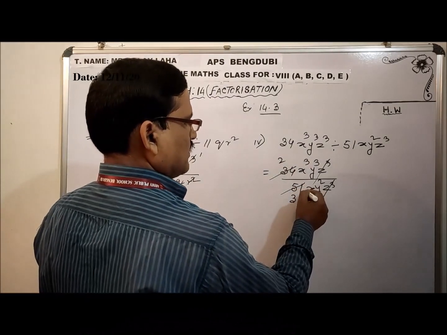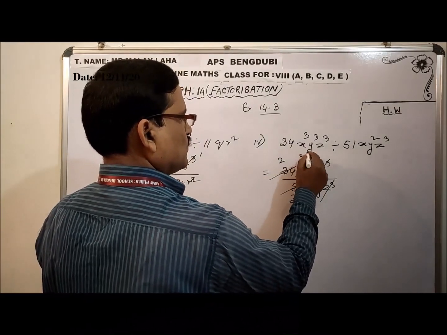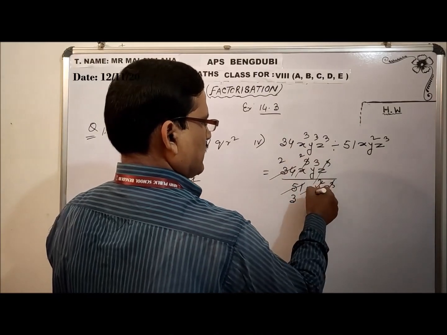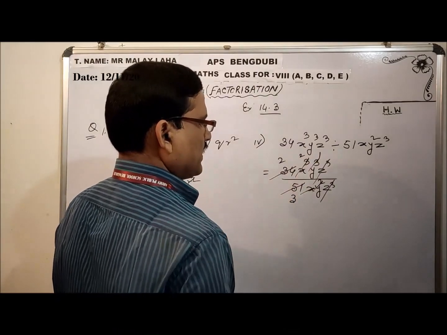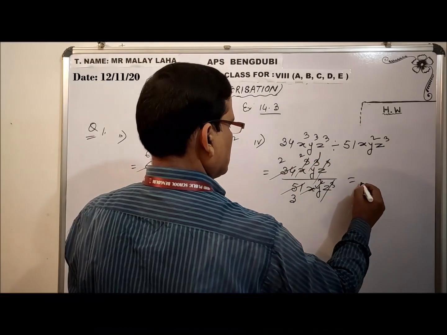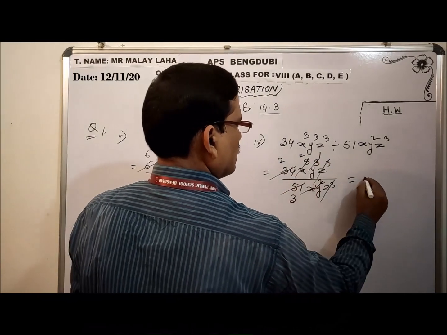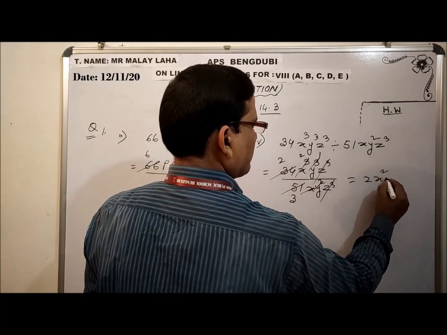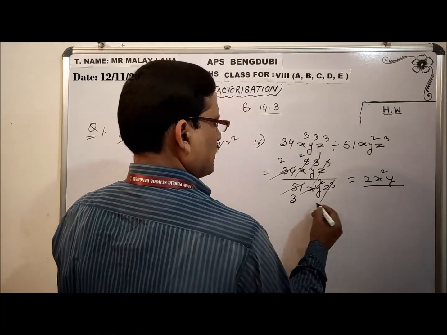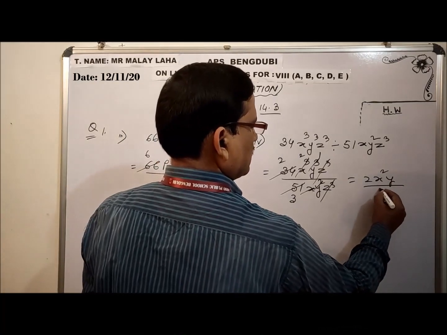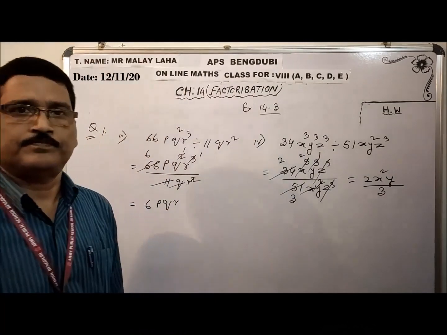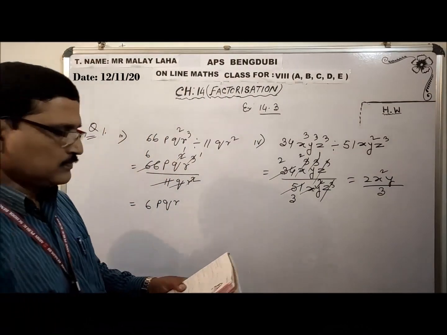X, if I cut here, 2x is left out. If I cut here, 1y is left out. What is the total? On the top, 2x square y, and at the bottom, 3 only. This is the answer. Clear?